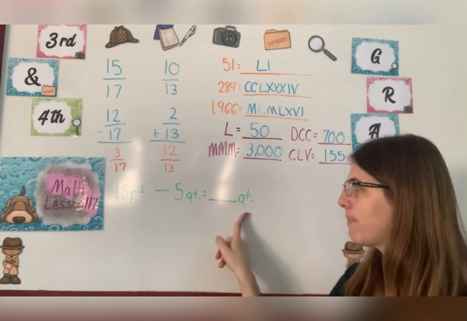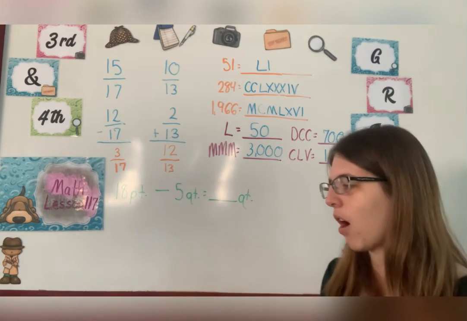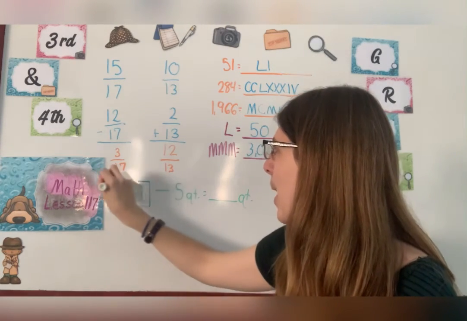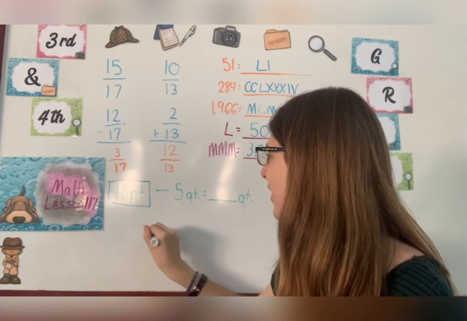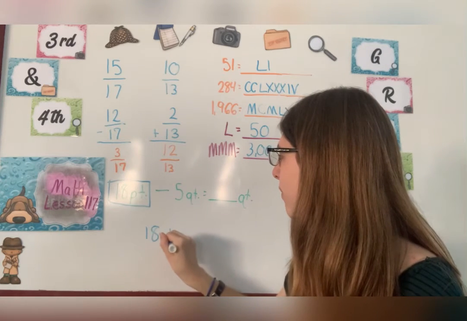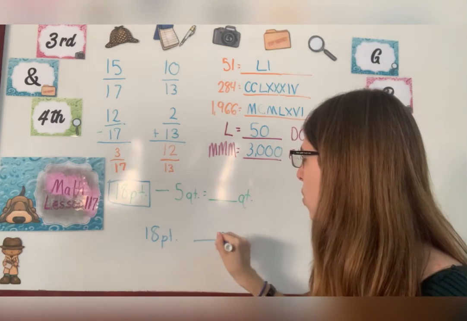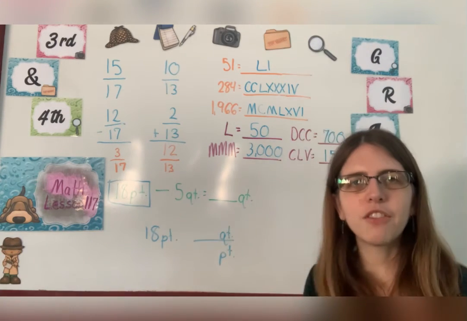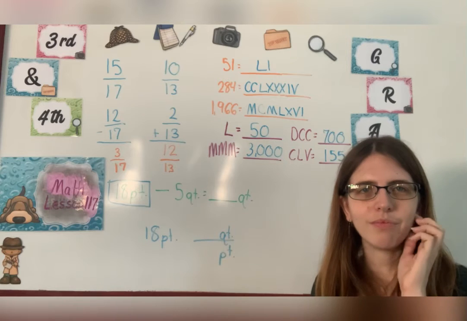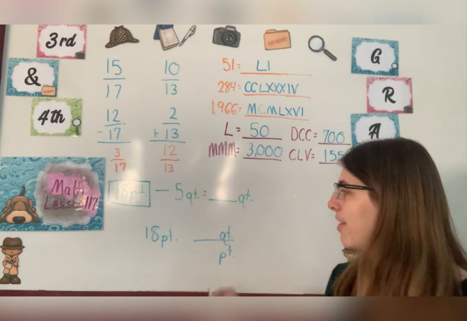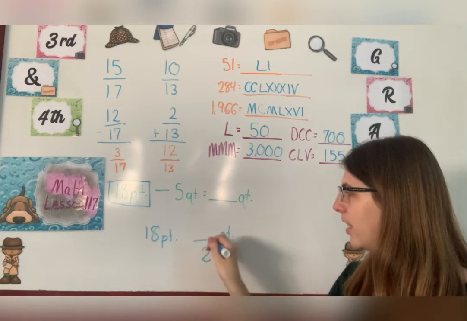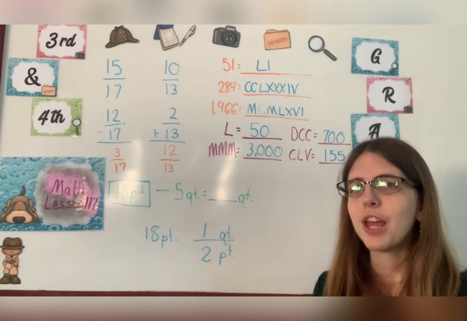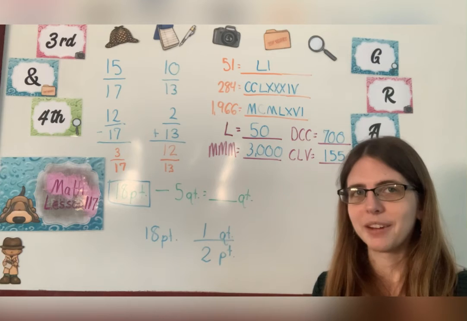Well, quarts and quarts match, pints and quarts do not. So this is what I'm going to be converting as my 18 pints. So I'm changing 18 pints to quarts from pints. What's my conversion factor? There are 2 pints in a quart. Since my 2 is on the bottom, do I multiply or do I divide?